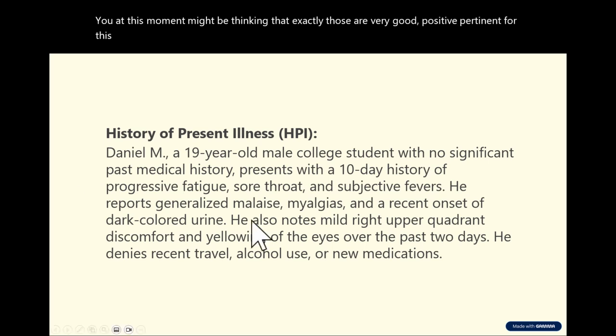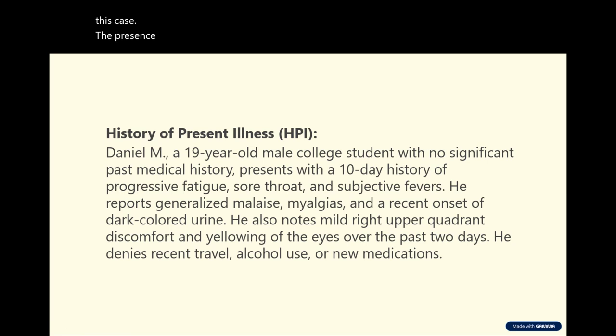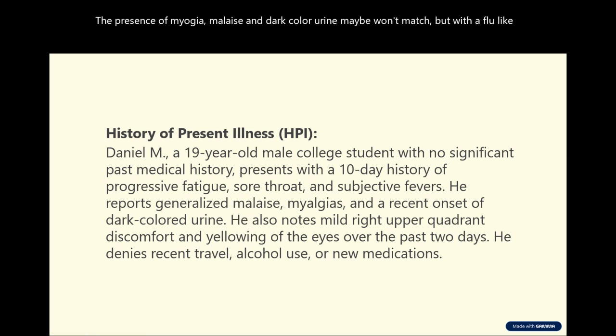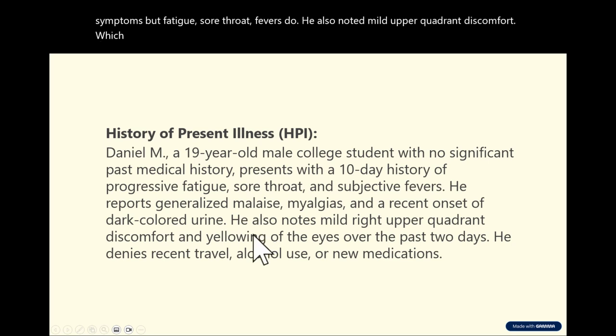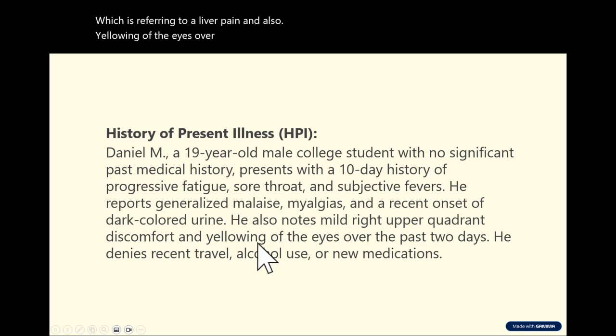The presence of myalgia, malaise, and dark color urine maybe won't match with the flu-like symptoms, but fatigue, sore throat, and fevers do. He also noted mild upper quadrant discomfort, which refers to liver pain, and also yellowing of the eyes over the past 2 days.